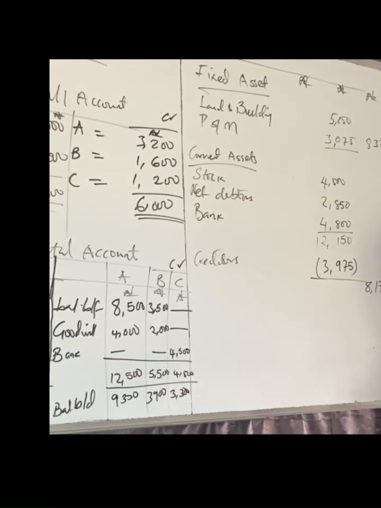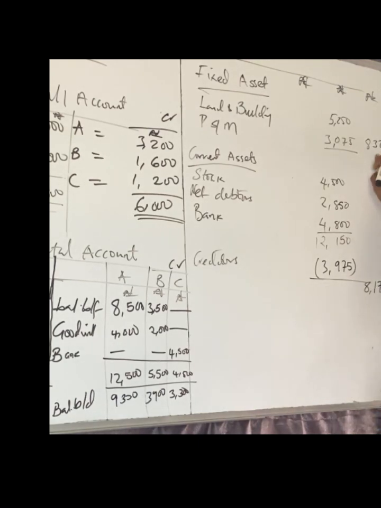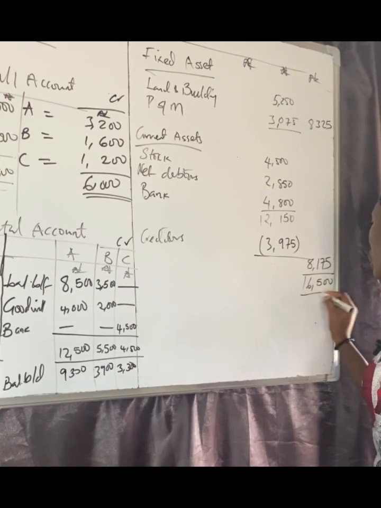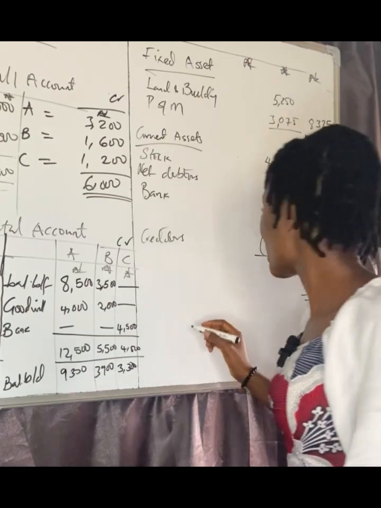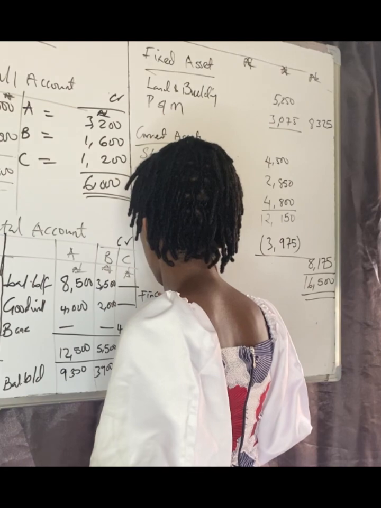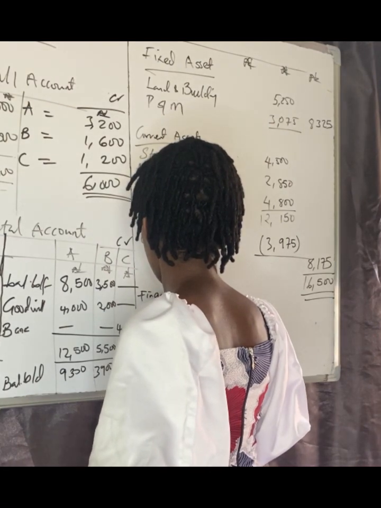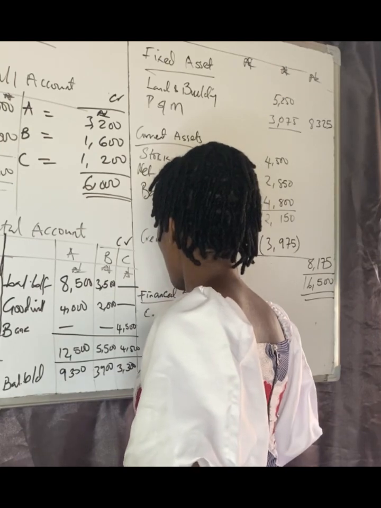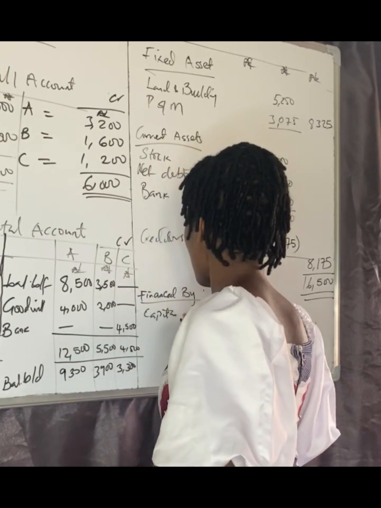Now this is what we're going to be adding to our fixed assets, to have 16,500 naira. Now the next thing we'll bring in is our finance, that is capital. Let's bring in our capital.